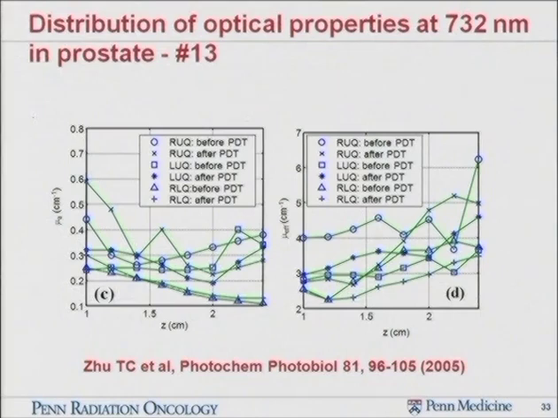But the key point is the penetration changes quite a bit. At least for this point it's 0.1, here it's 0.6, so a 6 times change in this particular patient, which is indicative that one has to optimize the light source distribution for this type of treatment because the optic property is changing. And that translates into a change of penetration in the tissue.